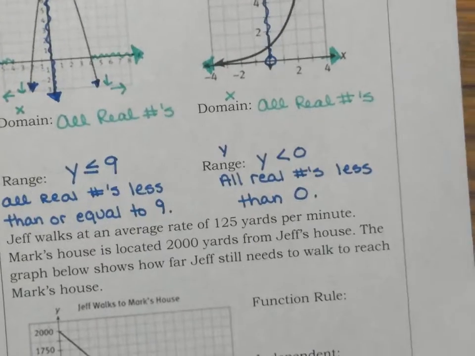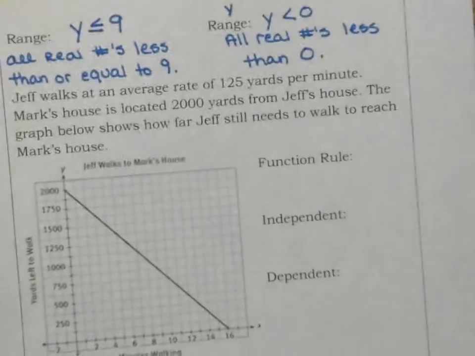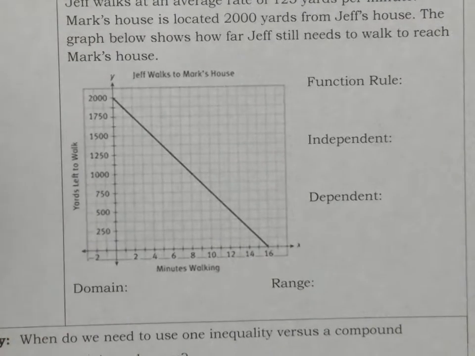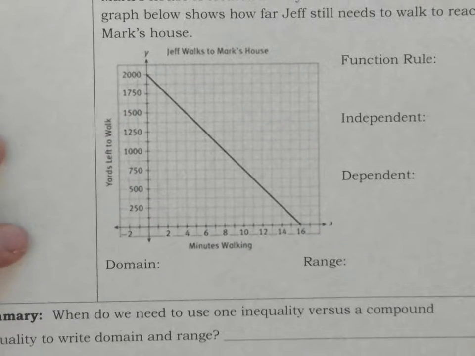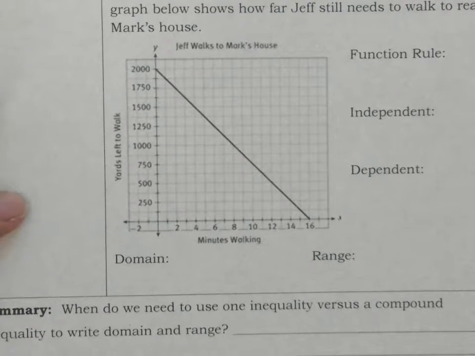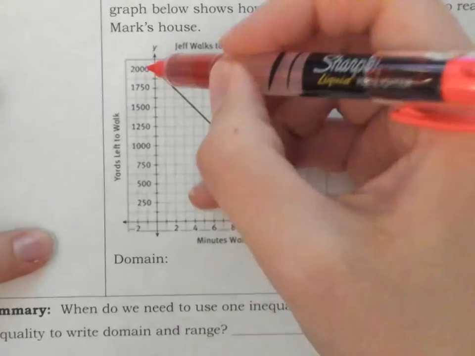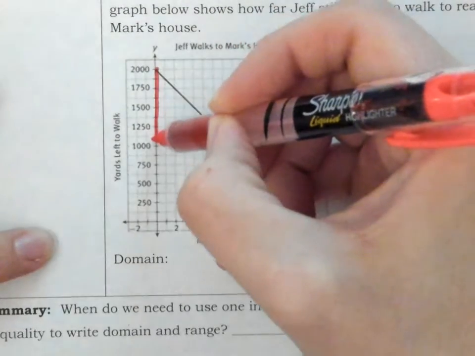All right, one more, and I'm going to actually cut out some of this. I really just want to look at the domain and range. So if I look at this graph, it has endpoints. And since it has endpoints, we should box it in.